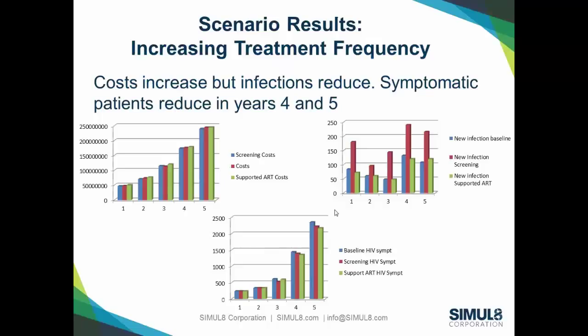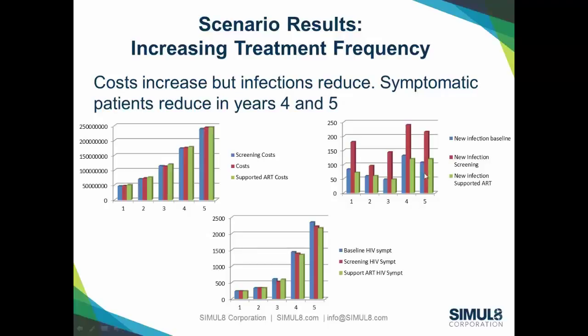And what we're seeing here as a result, and this is comparing these 3 scenarios, is that actually that last scenario does increase our cost. So on that left-hand graph here, you can see that actually that supported ART costs over by year 5, in fact each year, is increasing our costs overall. But actually the symptomatic patients do reduce in that last scenario, again, quite significantly.